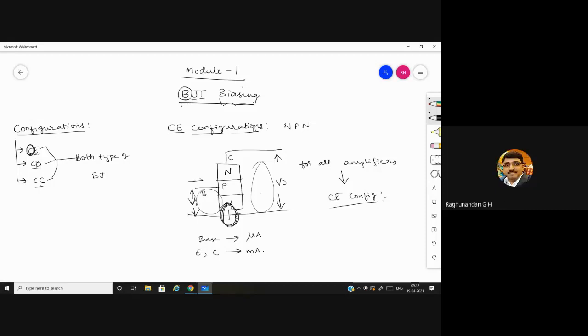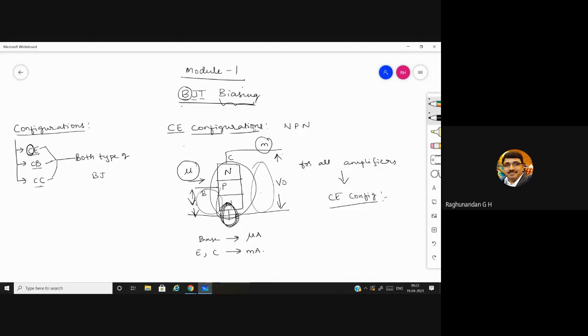So here we are giving input in terms of micro, and we are getting the collector current in terms of milli. That means this transistor, which is connected in CE mode, is going to increase the current, which was given in micro, and now it is giving out in milli. That means the gain has increased.